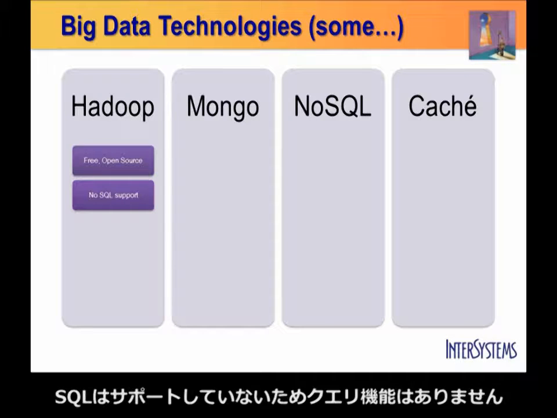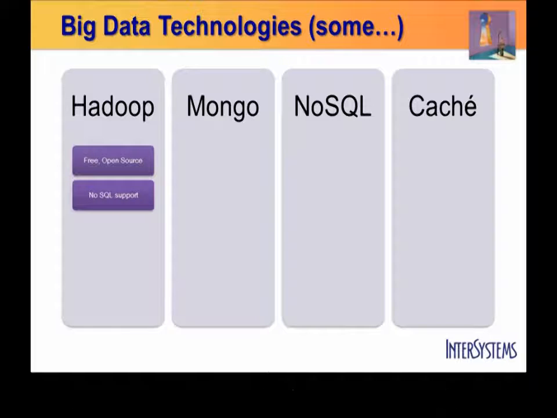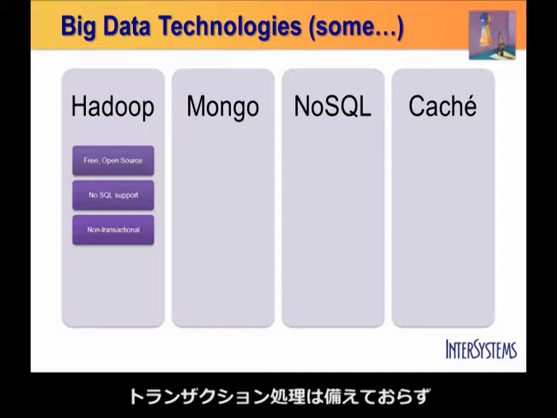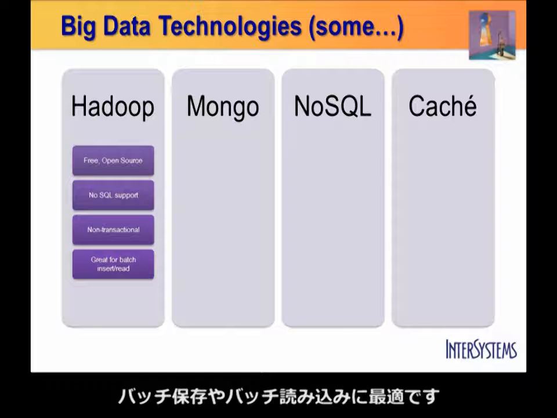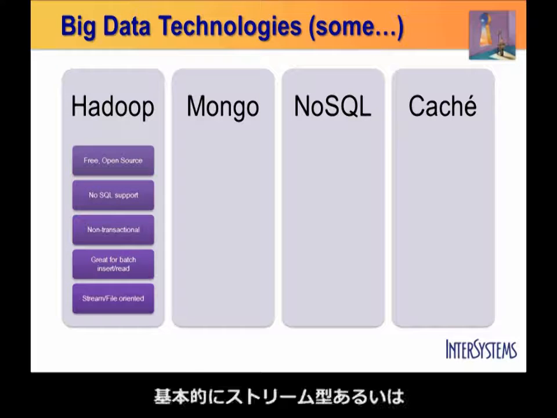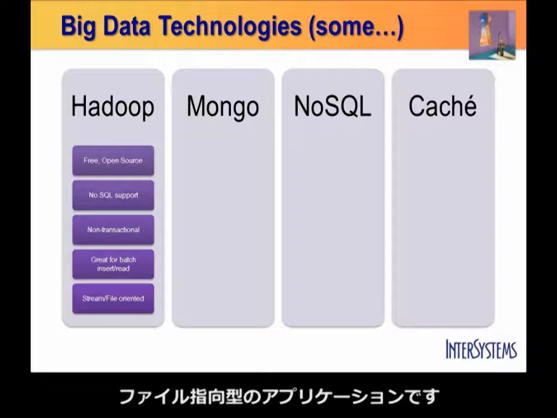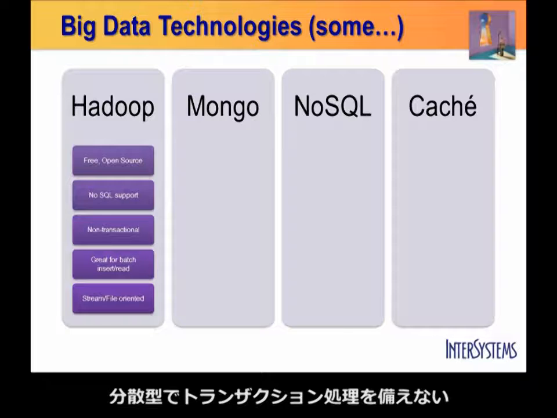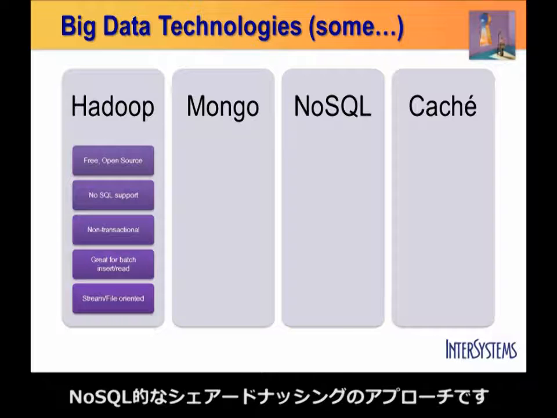It does not provide any SQL support, so there's no query capabilities that Hadoop provides. It's a non-transactional system. It's fantastic for batch saves and batch reads. And it's a stream or file-oriented application, basically, is what it is. Okay? It's a distributed, shared nothing, stream or file-based, non-transactional, no SQL approach of computing.